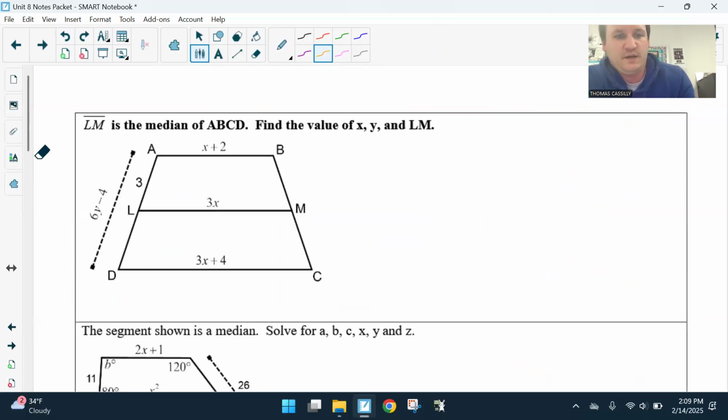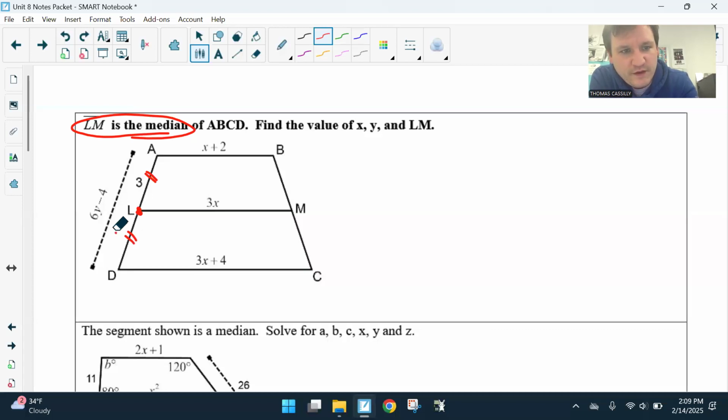LM is the median of A, B, C, D. Find the values of X, Y, and LM. The first thing, I'm going to find Y first because it's off to the side and stands out. Point L is a midpoint because it is a median. Remember, the median is where the two midpoints connect, so these two segments are equal.